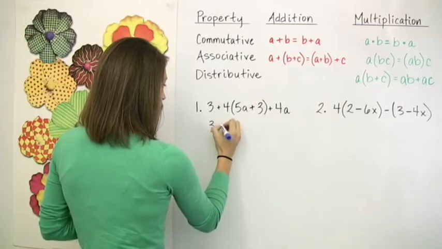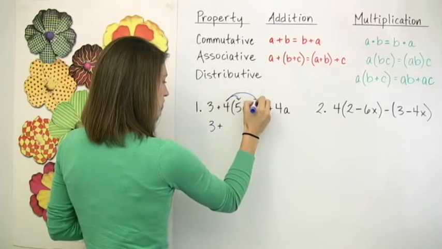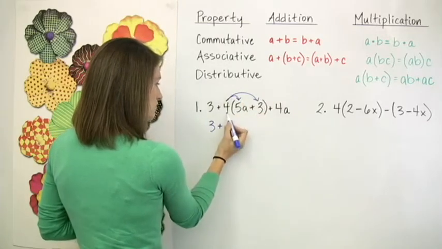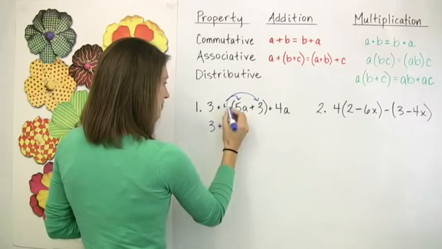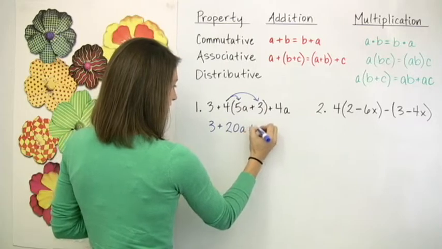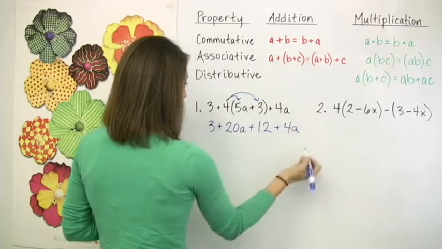So let's bring down our 3 because we're not going to work with that just yet. We're going to distribute our 4 over the 5A and the 3. So 4 times 5A is 20A, and then 4 times 3 is 12. So we're going to add 12, and then bring down our final term, which is 4A.